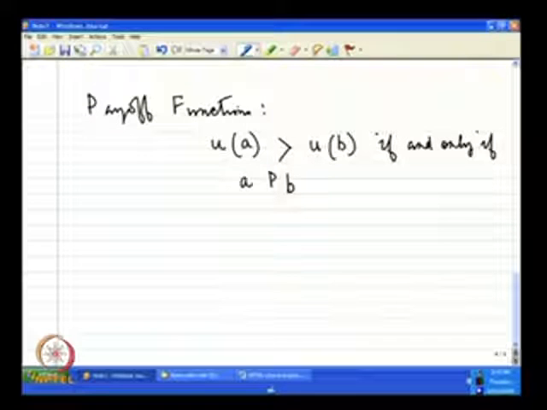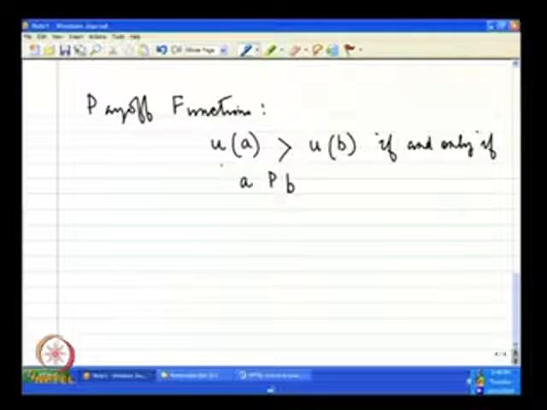If it is found that A is preferred to B, it means that U(A) is greater than U(B). If U satisfies this kind of preferences, then we shall say that U is a payoff function for this individual.